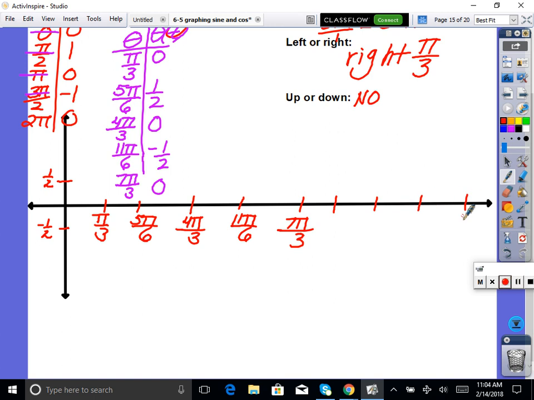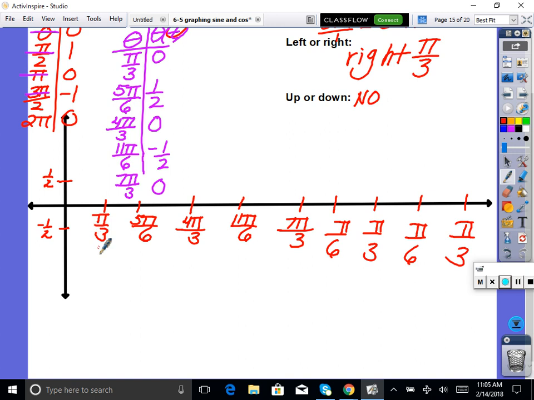So let's see if we can label that. Look for a pattern so you don't have to do too much math. Look for a pattern. 3, 6, 3, 6, 3. 6, 3, 6, 3. Next thing, obviously, there's a pi on top. And then let's see if we can figure out a pattern with my set, like the thirds and the 6.